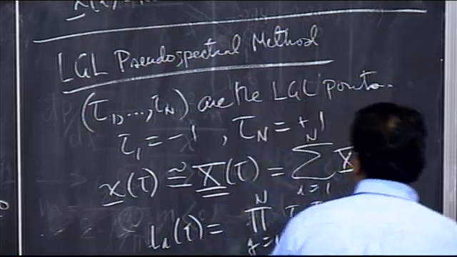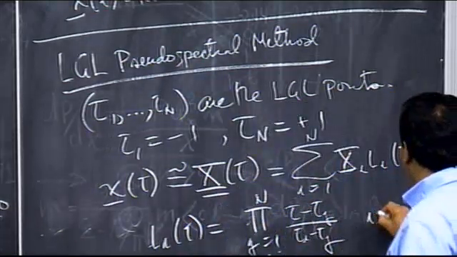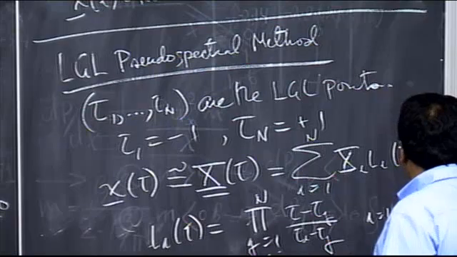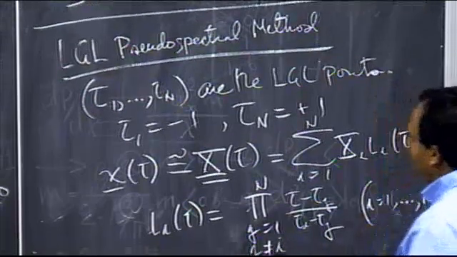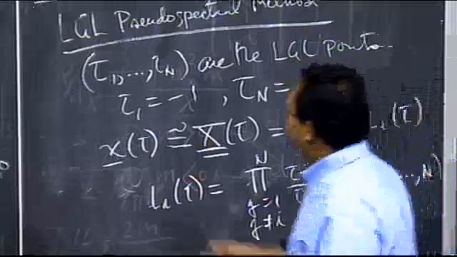Okay? And this goes for i equals 1 to n. Now that's my state approximation. So I'm approximating with this.